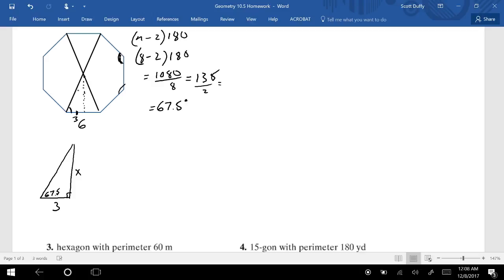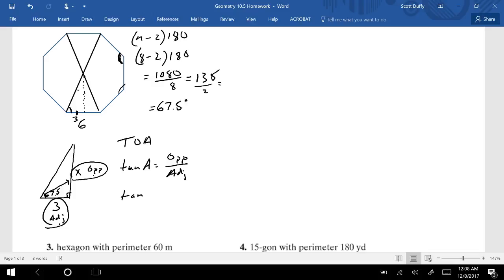What I realize is that if this is my angle of interest, across from that, that's my opposite, and then next to it is the adjacent. These are the sides that are going to tell me which trig function I use to figure out the length of x. Opposite and adjacent, that is TOA, or tangent of the angle equals opposite over adjacent.